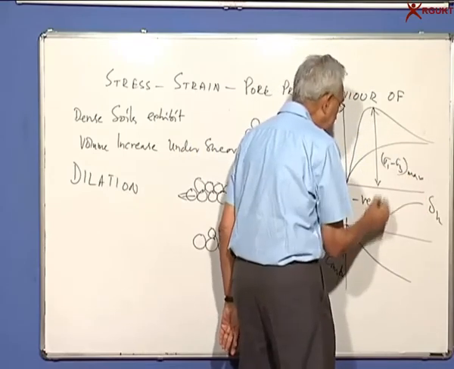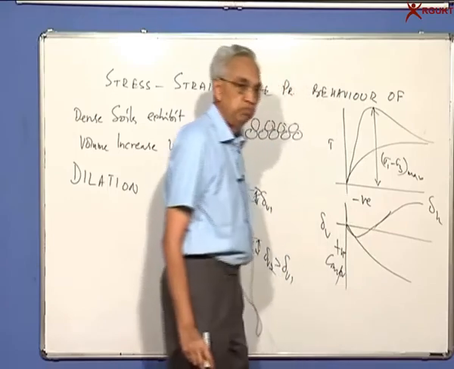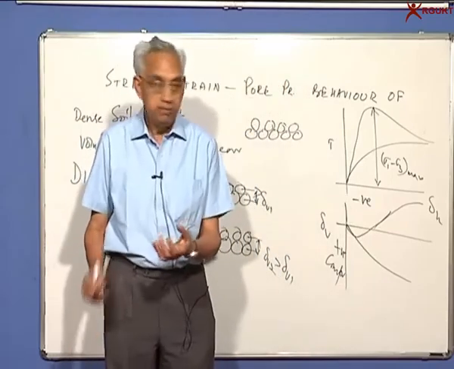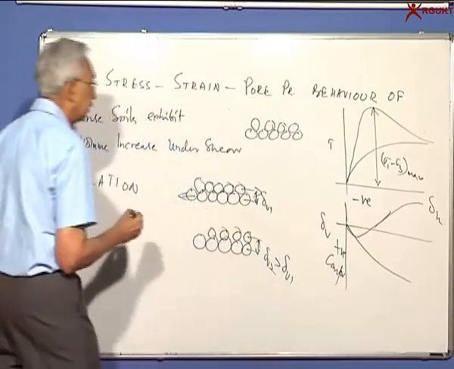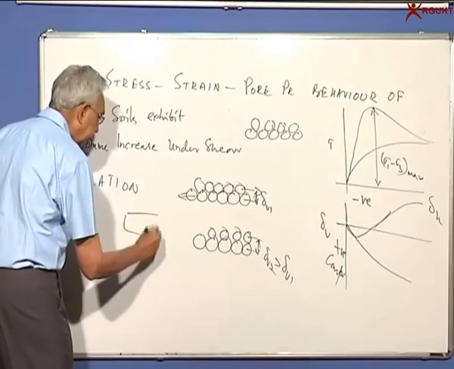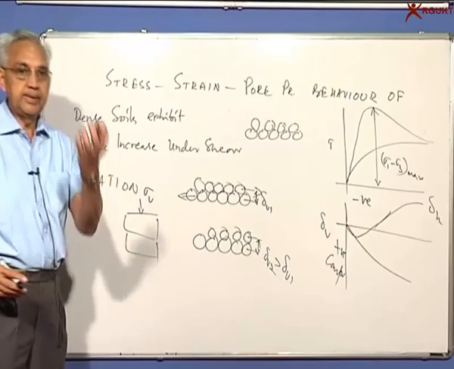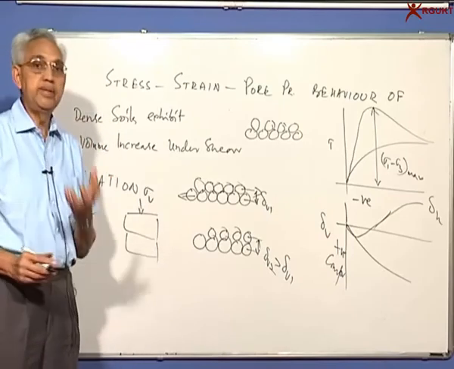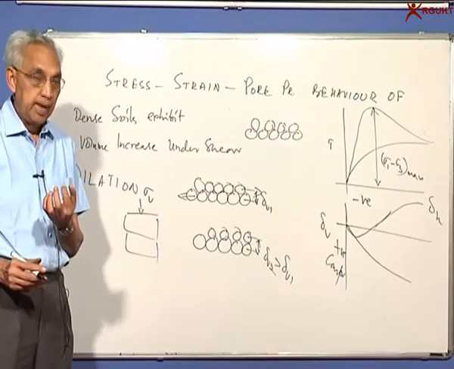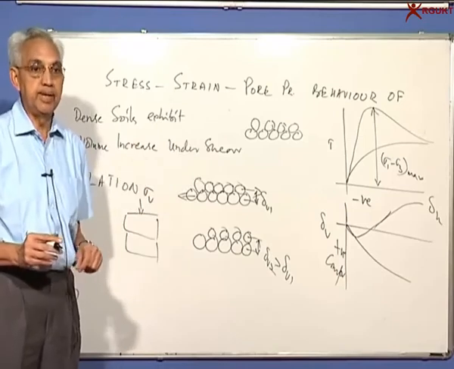Please remember, when you did the direct shear test, you have sigma vertical. If the soil sample is going up, it means you have to do some work. And because of that, the strength is very high.